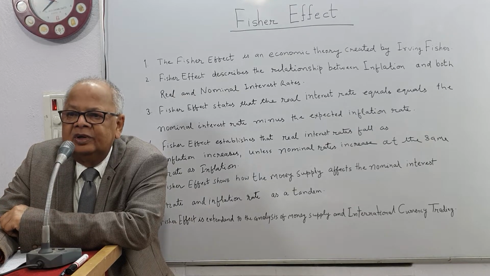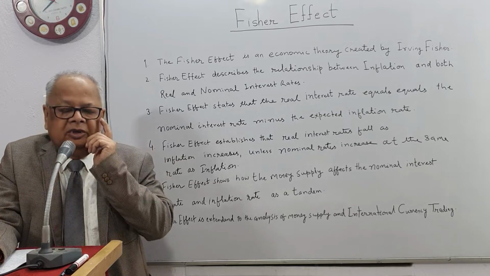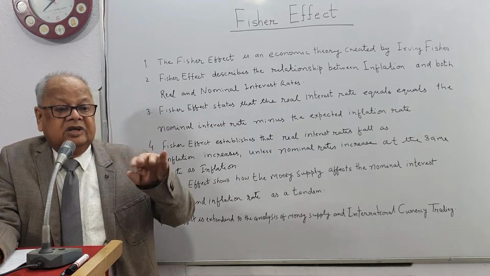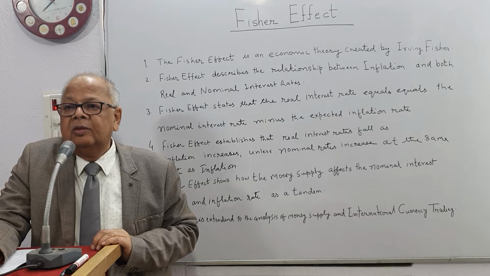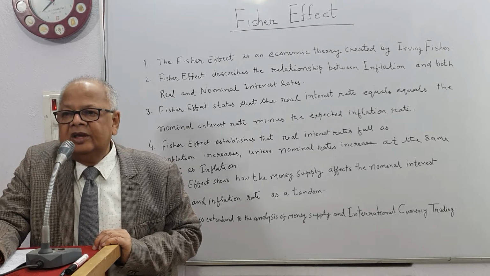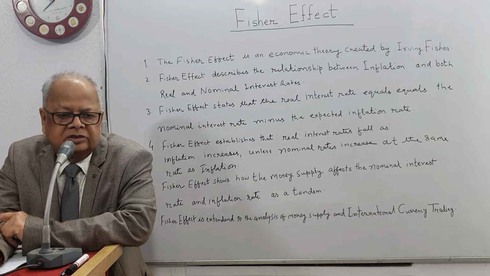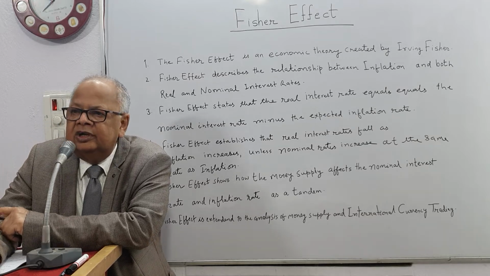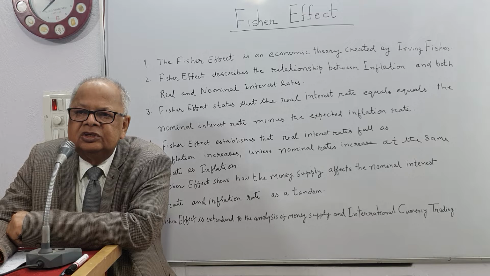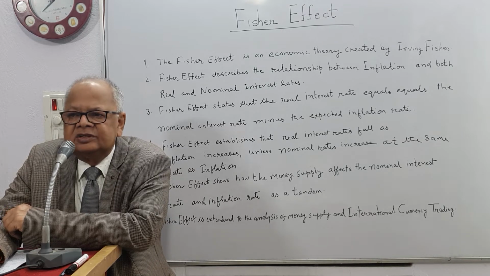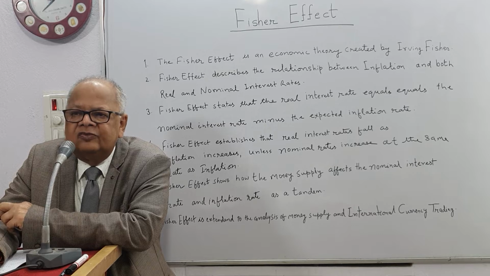And therefore, Fisher's quantity theory of money is again re-established by American economists, Nobel Prize winner economists. They have established it with modern tools, with modern instruments, establishing the relationship which was established by Fisher.